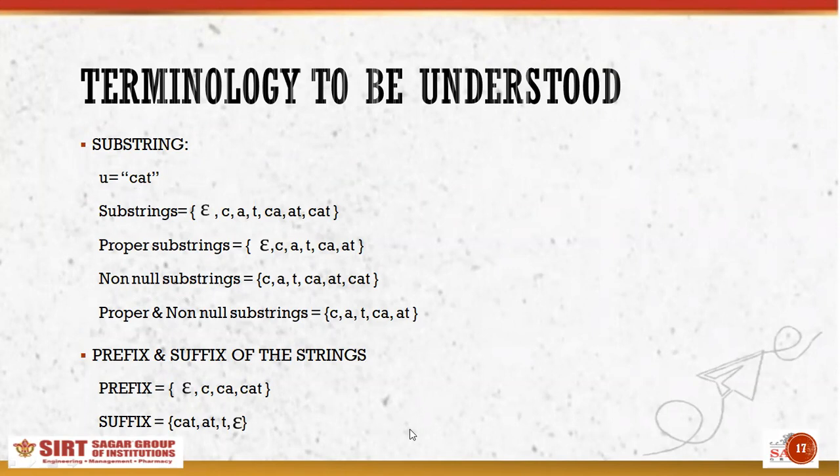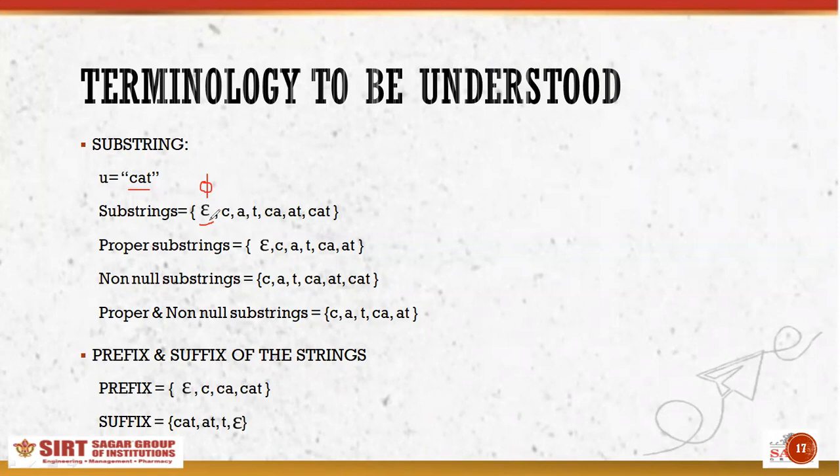If you remember, for a subset, suppose a string is written here, that is cat, and we have to write its substrings. So what will we write? Epsilon, that means null string, just like we were writing phi in the case of set theory, null set.